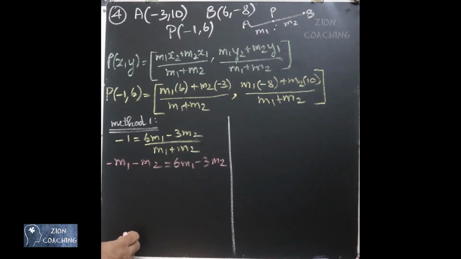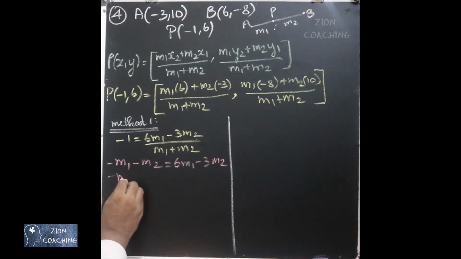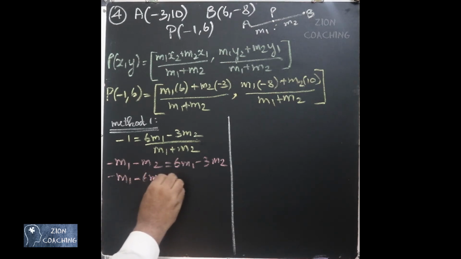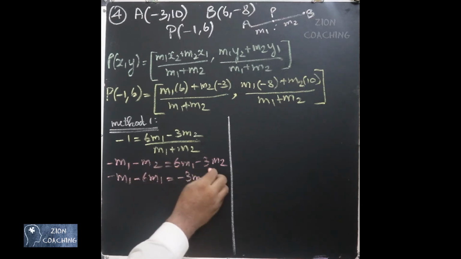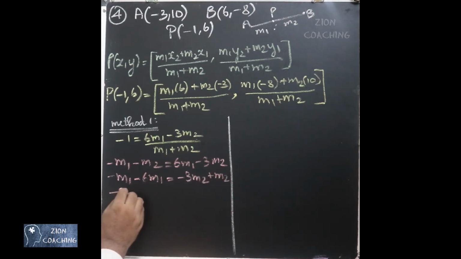Now taking all the m1 to one side and m2 to the other side, we will have -m1 -6m1 equal to, already -3m2 is on that side. When you take this -m2 to the other side, it will become +m2.